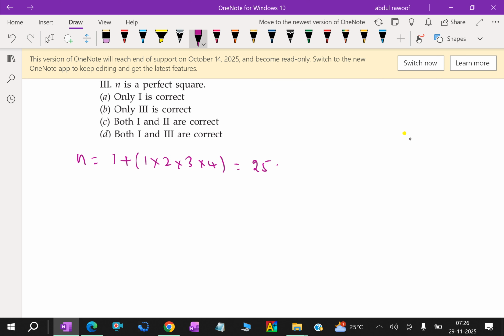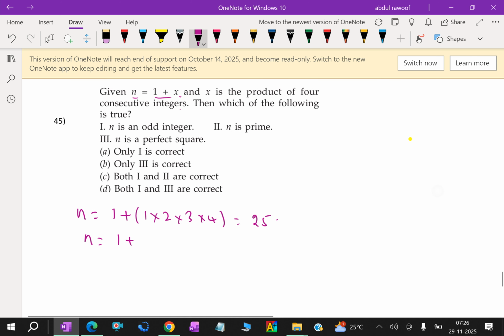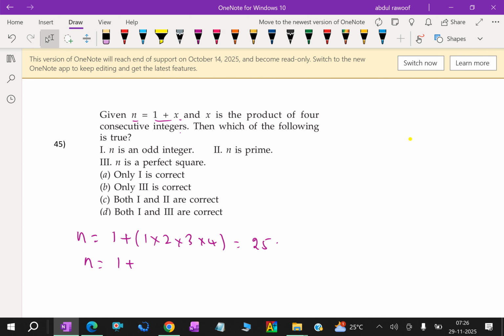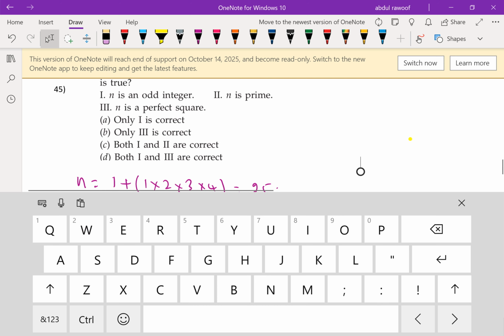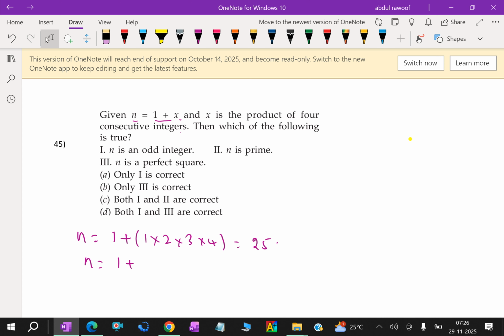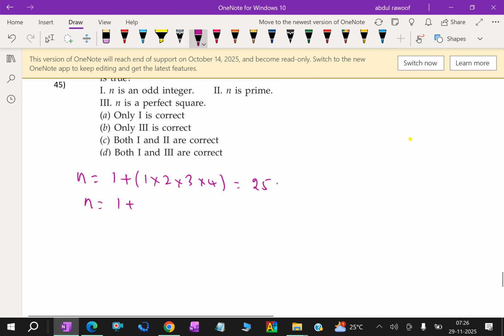Then n equal to next, n equal to 1 plus the product of any four consecutive integers, but we are getting 1, 2, 3, 4 only. Now further start for getting some ideas.